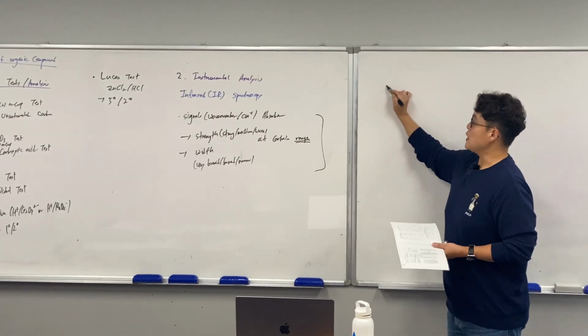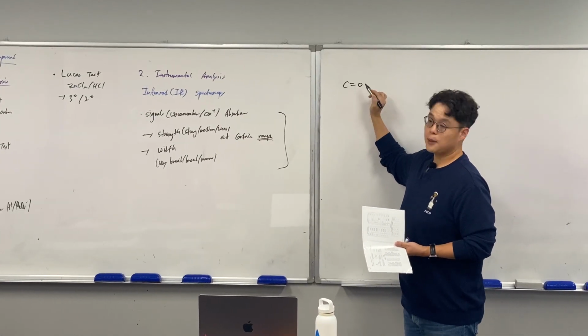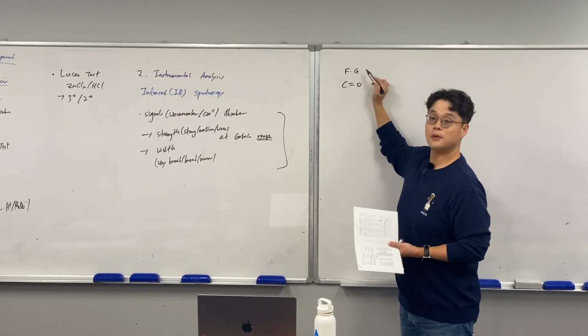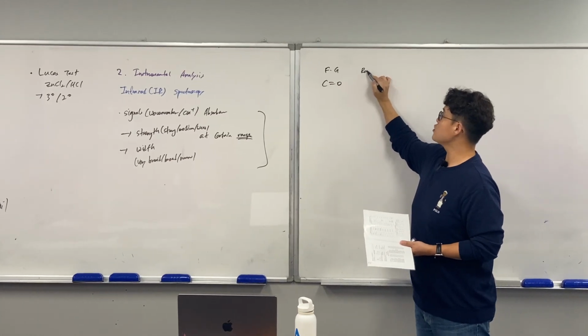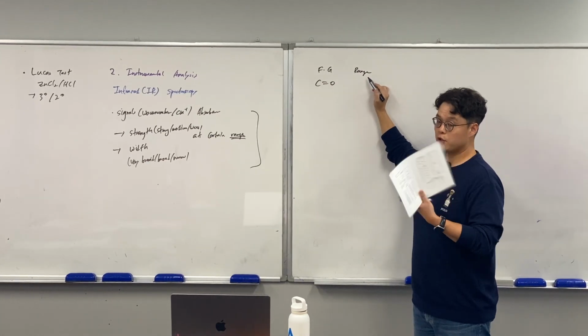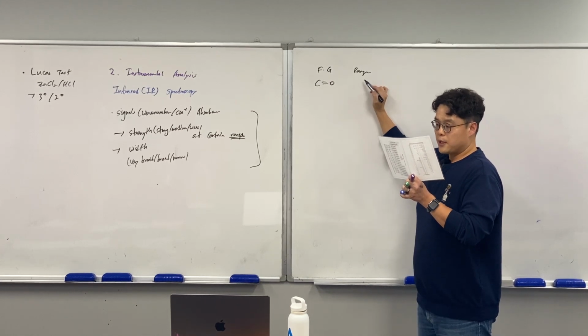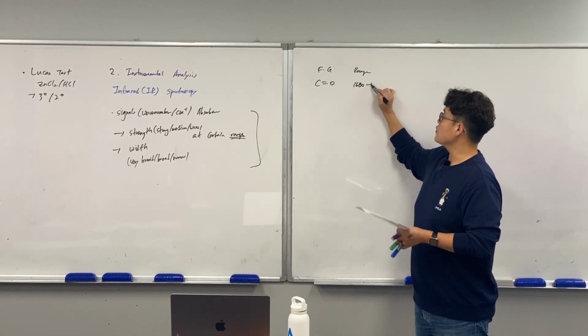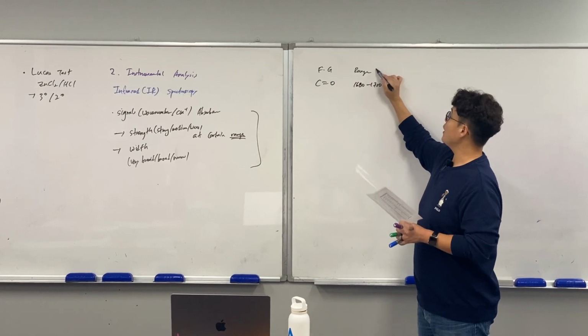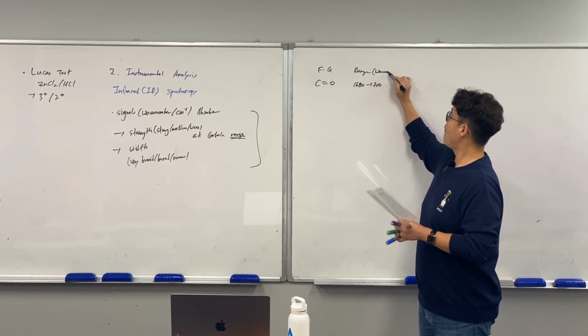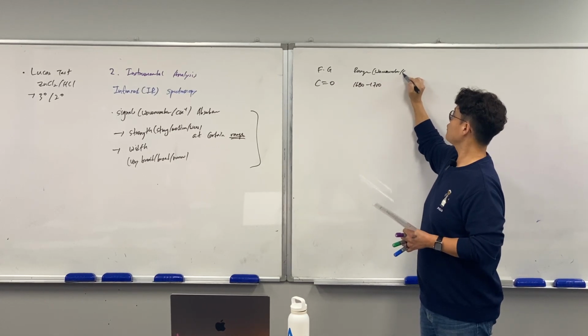We always start with the carbonyl functional group. The range of that, given the data here, would be around 1682 to 1750 in terms of wave number per centimeters.